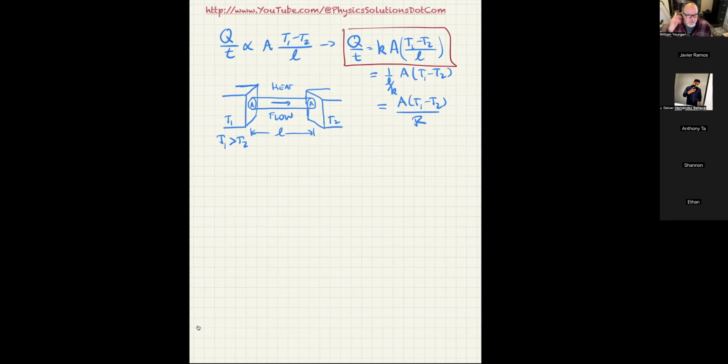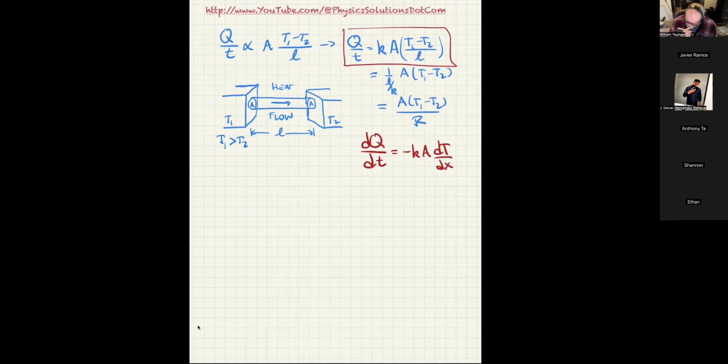And you could make it a differential equation if you wanted by saying dQ over dt is equal to, in this case, negative k times A times dT over dx.